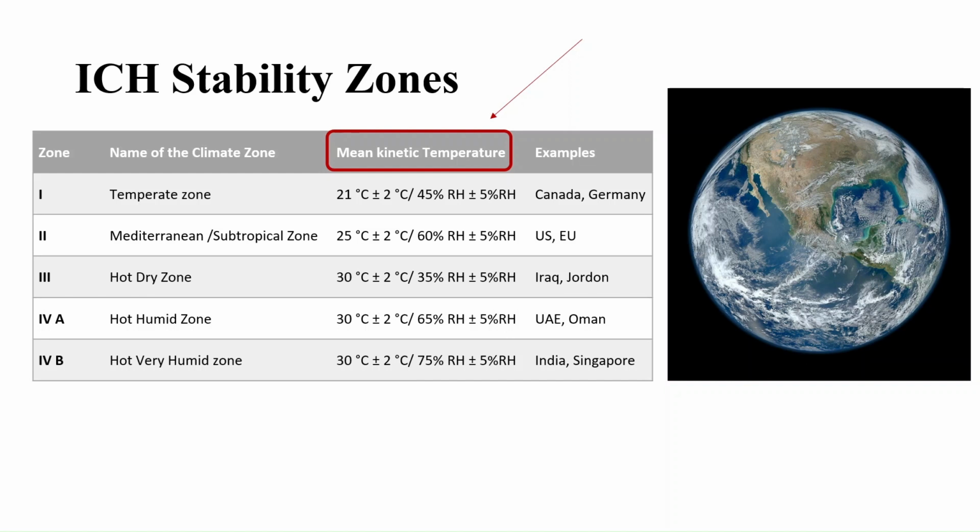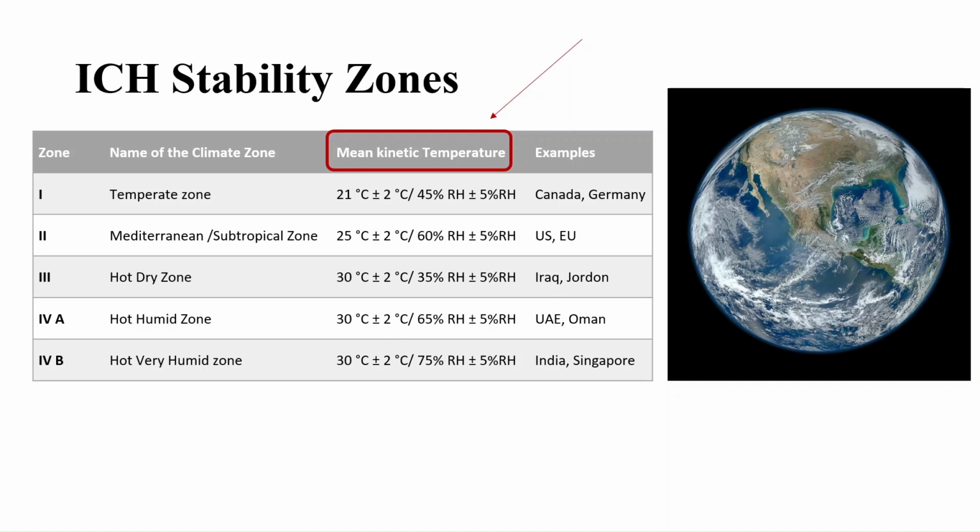Now, if I have to give you an example of this, take the example of India. In India, in summer, there are regions where the temperature goes above 45 degrees centigrade, and in winter there are places where the temperature falls below 10 degrees centigrade. So it is not constant. The temperature varies over time around the year.